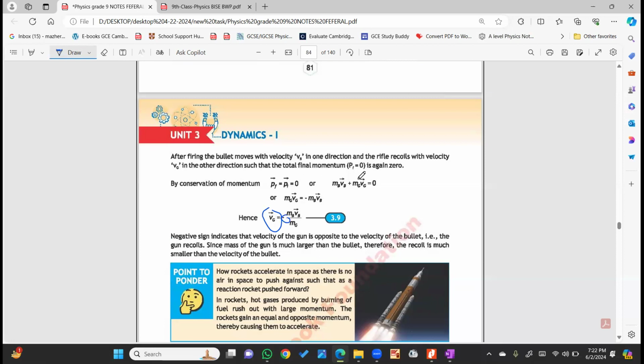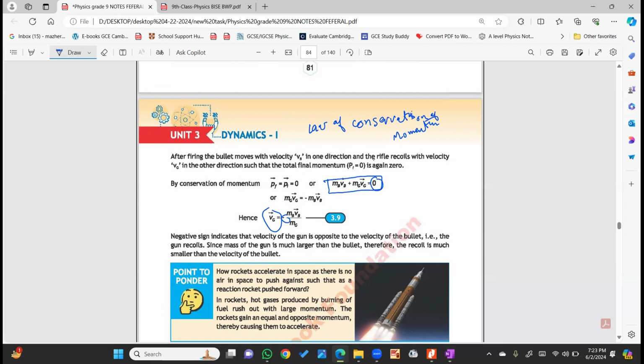There's this term used, the law of conservation of momentum.